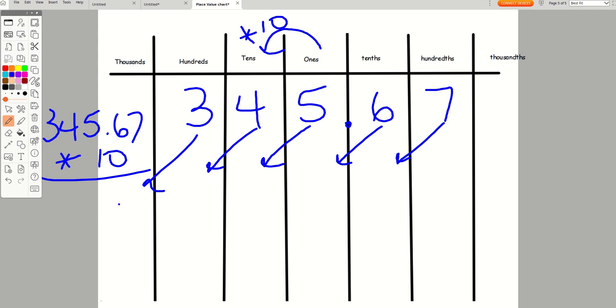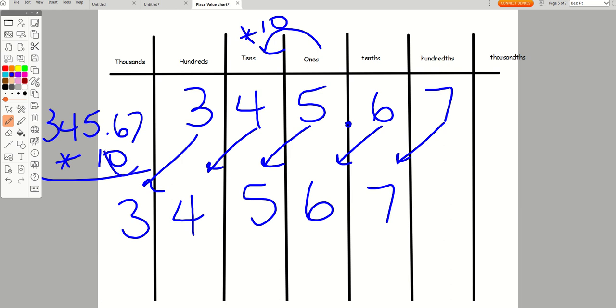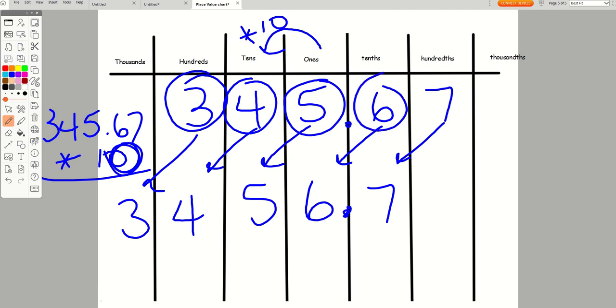I just transcribed the numbers the exact same, because this 0 right here can be over here. We usually just don't write them at the end. So I'm going to put my decimal there. So my number is now 3,000 because 300 times 10 is 3,000. 40 times 10 is 400. 5 times 10 is 50. 6/10 or 6 dimes times 10 is now $6.